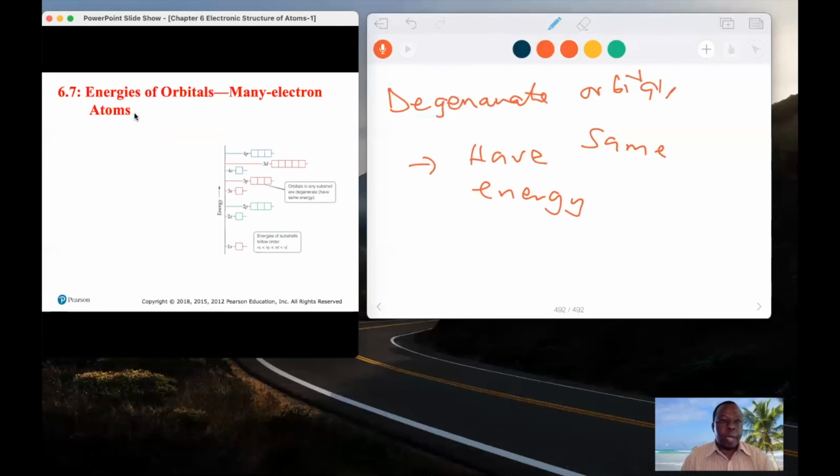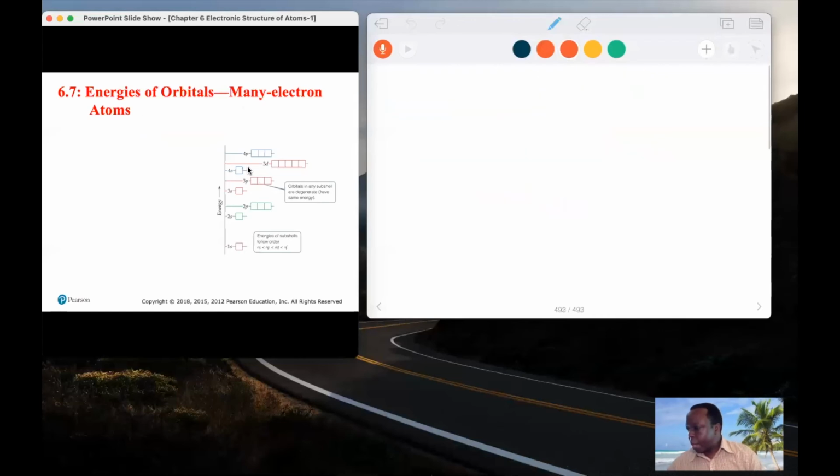But how do we now write the electron configuration of an element? This is what I want you to learn. In energy level 1, we have 1 sub-level, and that is 1s2. The superscript stands for the maximum number of electrons.